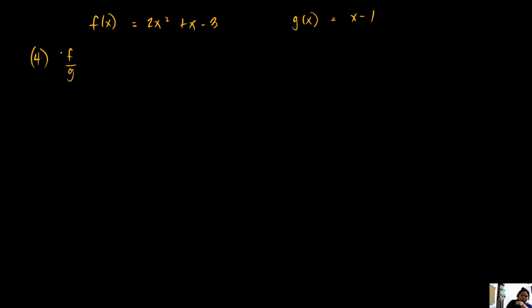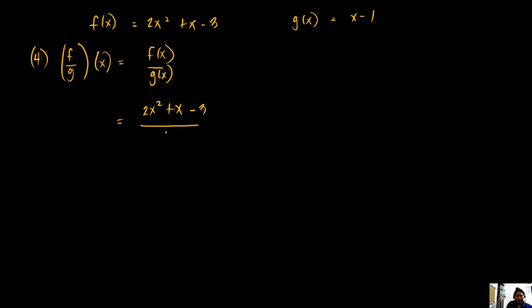Given the two functions f and g of x, f of x all over g of x, we have 2x squared plus x minus 3 all over x minus 1. So let's do the long division. Our divisor is x minus 1, and inside is 2x squared plus x minus 3.